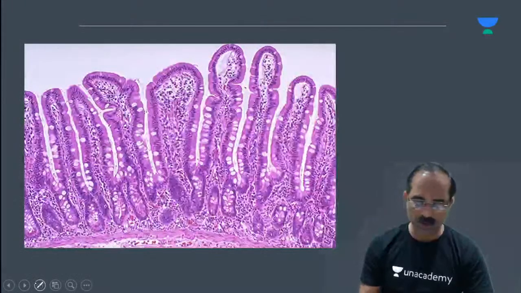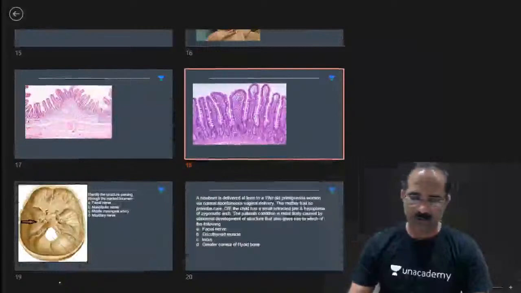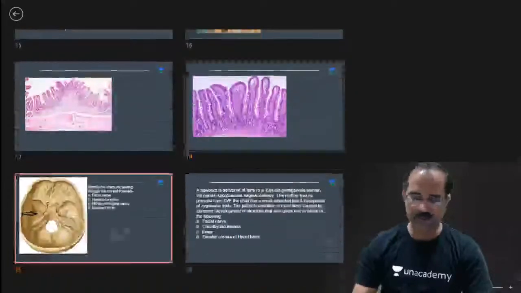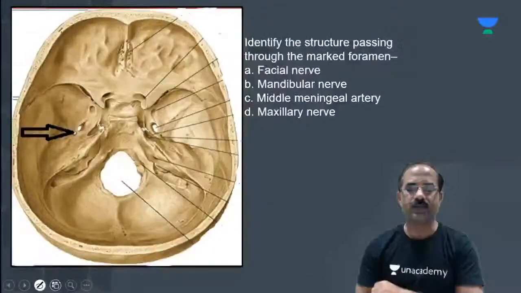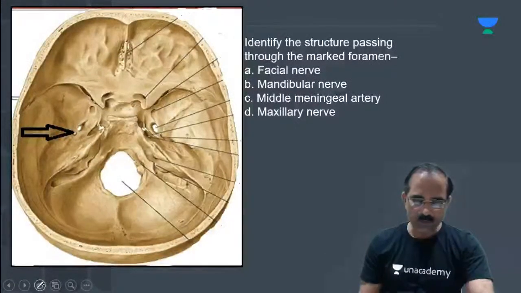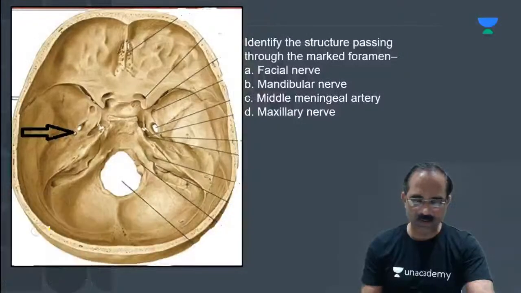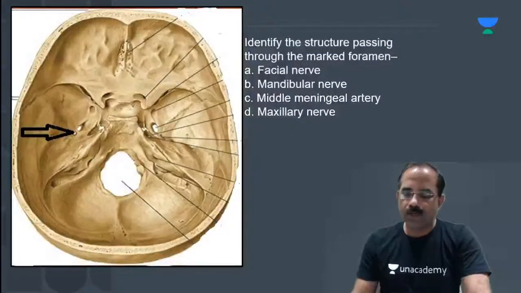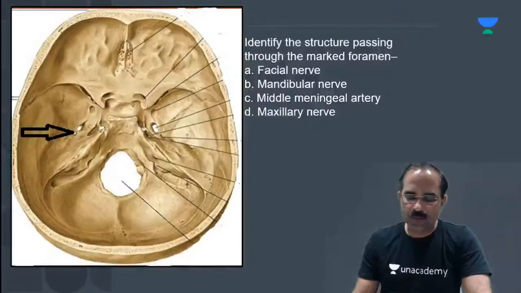Coming to the next MCQ, students. Here we go, answer this. Identify the structure passing through the marked foramen.